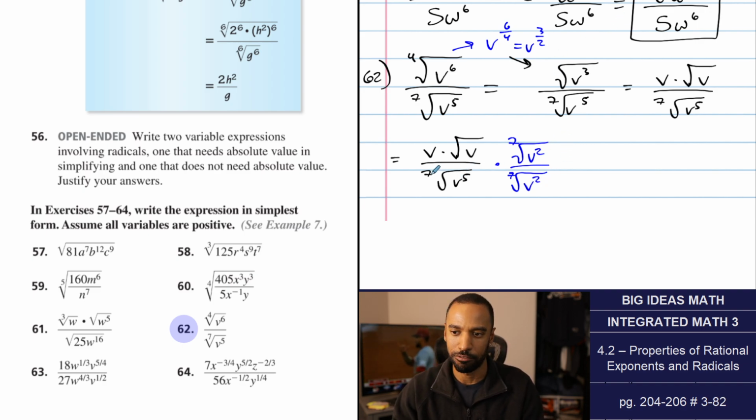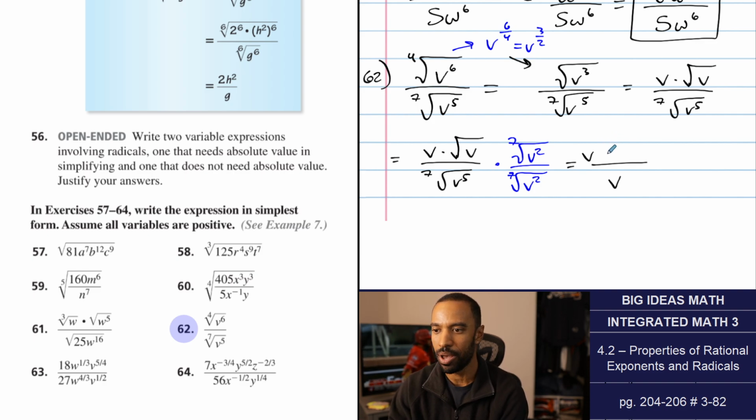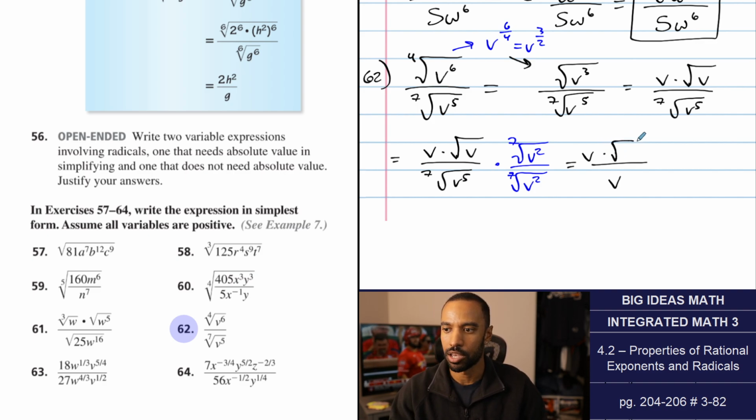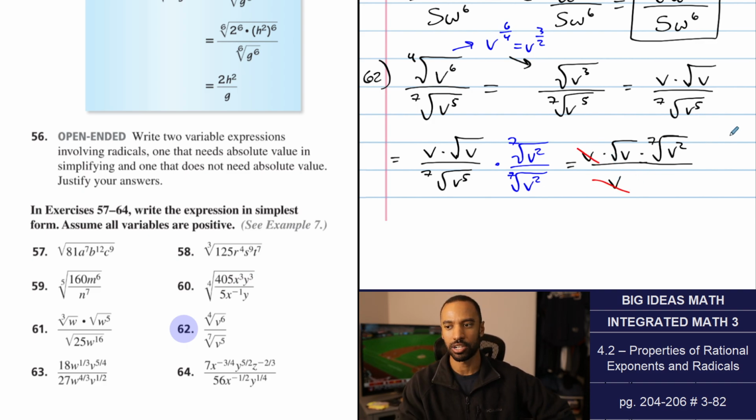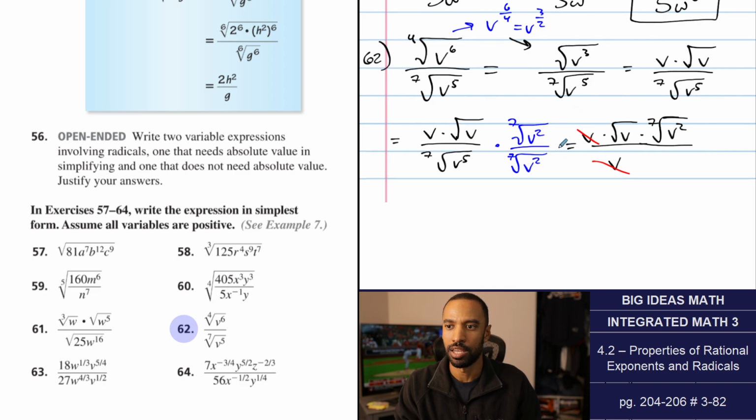So on the bottom, we'll now have the 7th root of v to the 7th power, which is v. Awesome. On top, we have a v, by the way, which means those can eventually cancel, but we're still dealing with now a square root of v times the 7th root of v squared. As these do indeed cancel out, they are actually gone. We're now down to the square root of v times the 7th root of v squared.